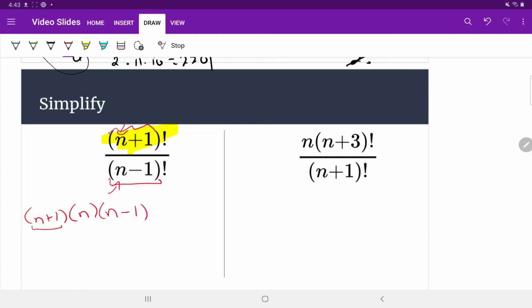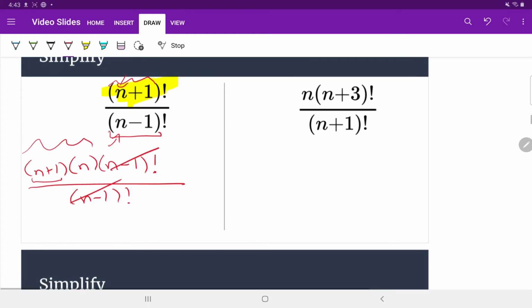And now I've actually matched up with my denominator, so I can write that factorial sign, rewrite this as n minus 1 factorial, and now these cancel. And depending on the teacher and the question, you might want to put that together. So this is easy in this case, so I'm just going to put it together, but just know that, depending on the situation, sometimes it's fine to leave it in this expanded form.